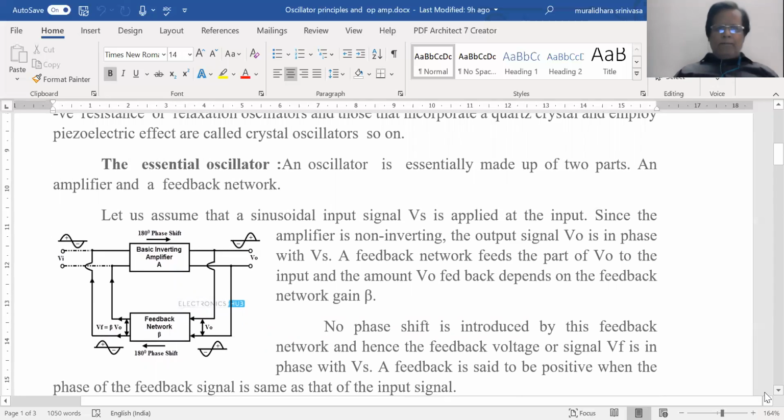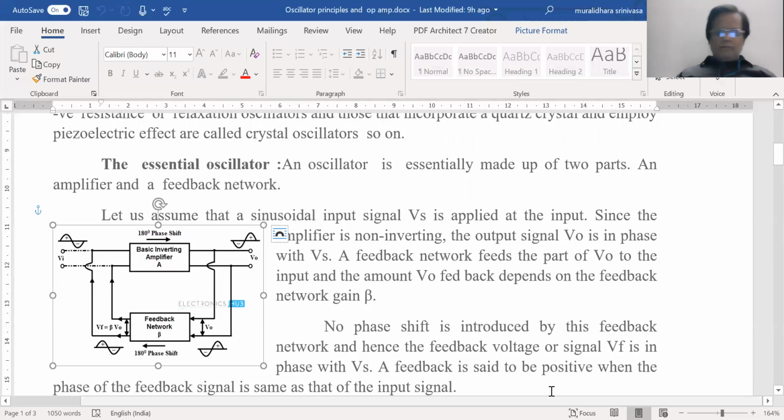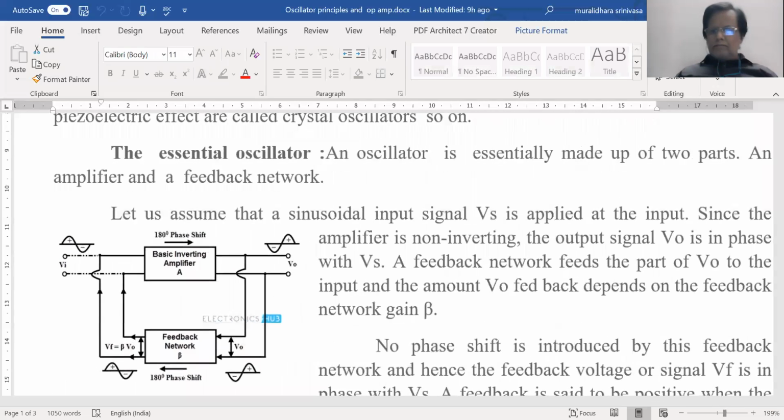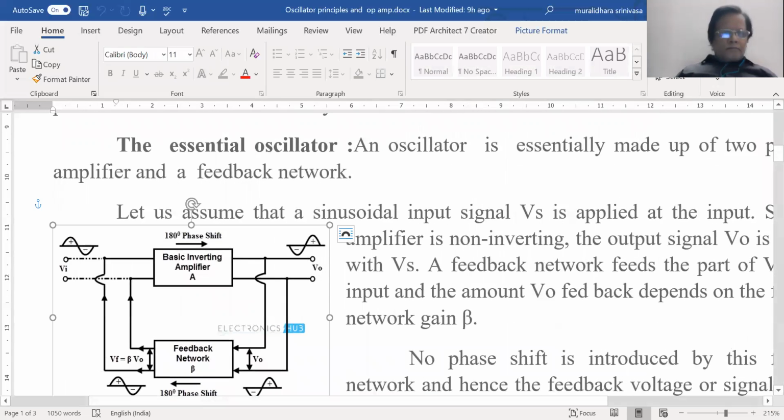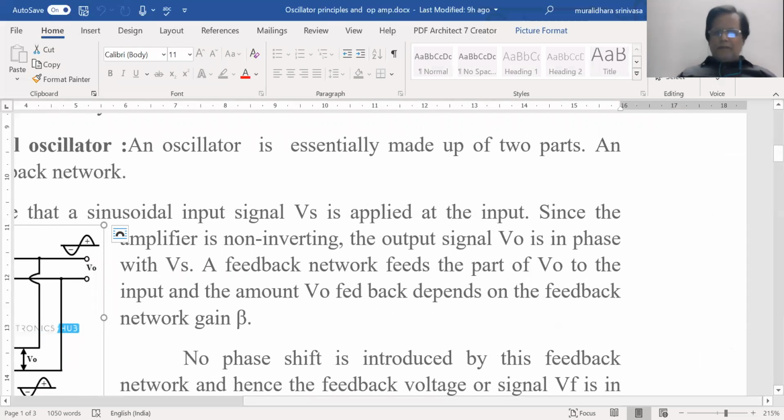Now there is some mathematics we want to look at. The same mathematics you can use for negative feedback amplifiers also. We are trying essentially to arrive at a condition for sustained oscillations. So I am assuming that a sinusoidal input signal Vs is applied at the input, this is with feedback.